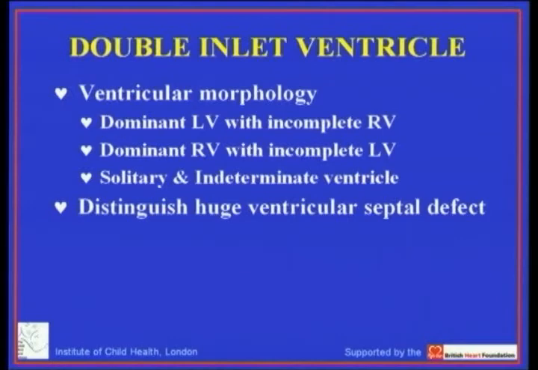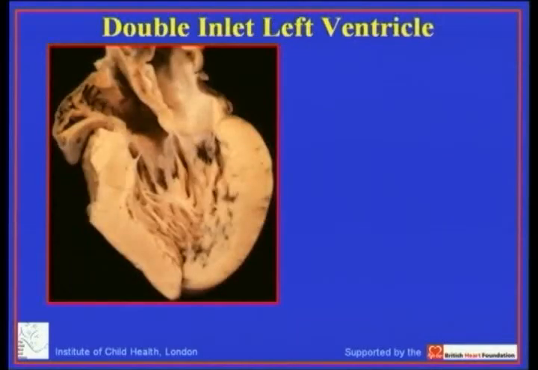And in this context, it's also important to distinguish these double inlets from the also rare situation in which the atrioventricular connections are concordant or discordant, but the ventricular septum is hugely deficient, so we have a monster ventricular septal defect.